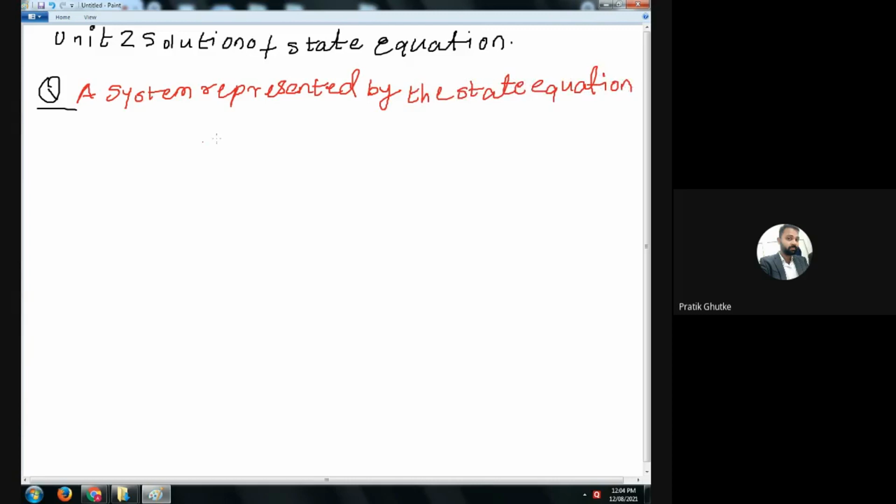What is my state equation? Yes, they have given the state equation as x dot of t equals A x of t.